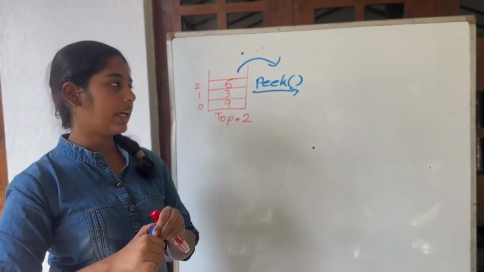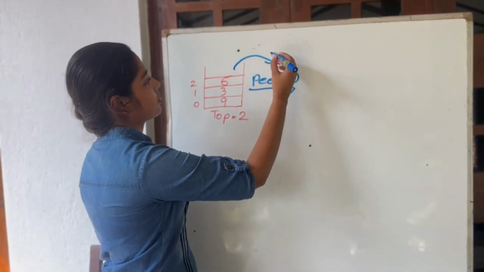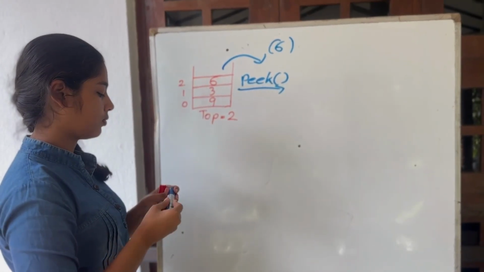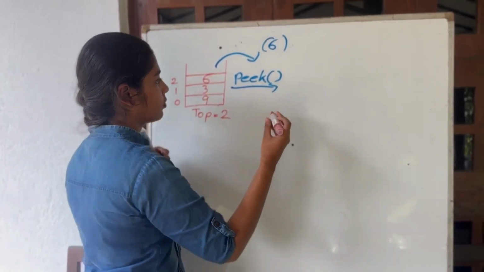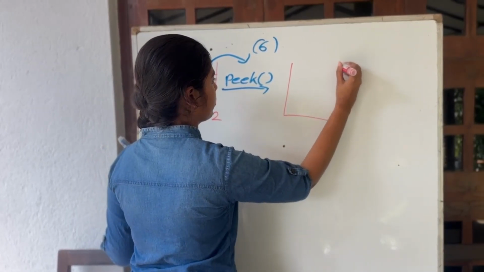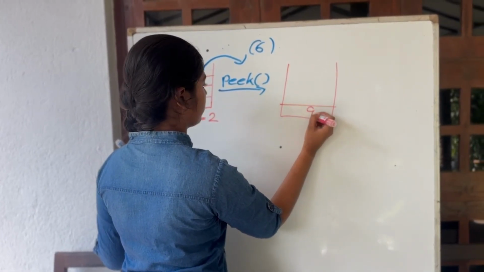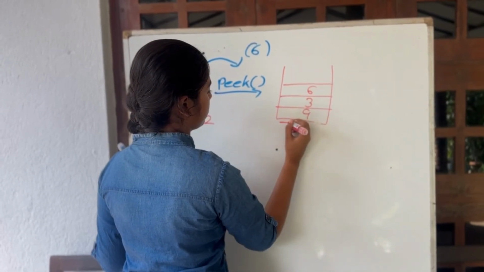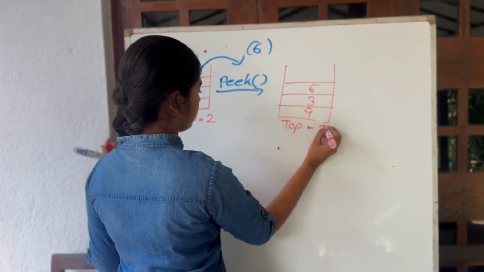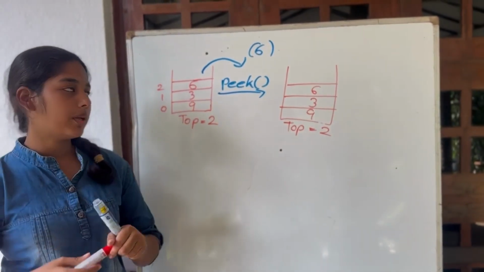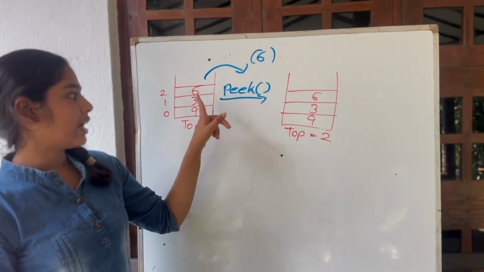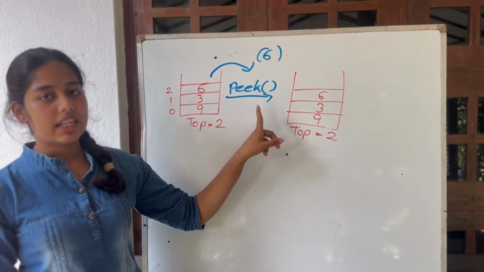Now I am going to peek the 6. After doing the peek operation, we get the same stack without any changes.